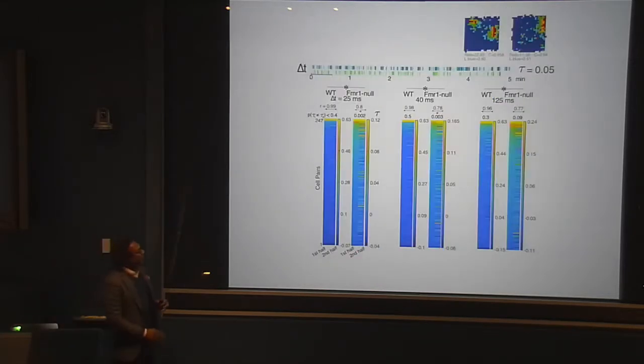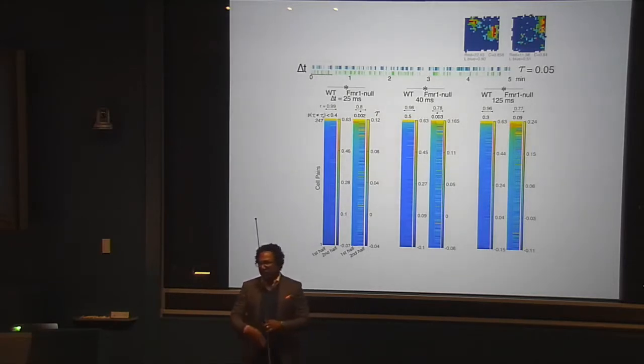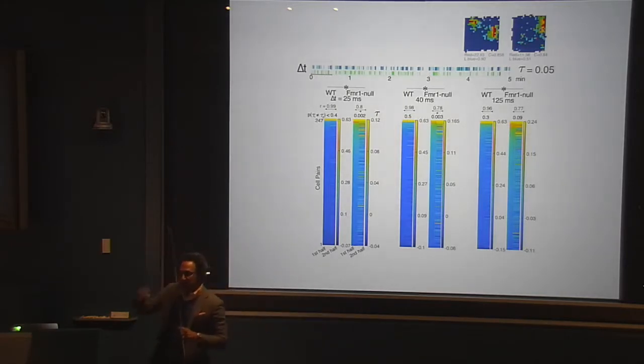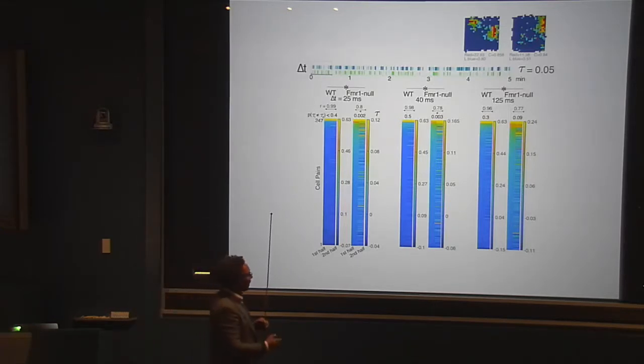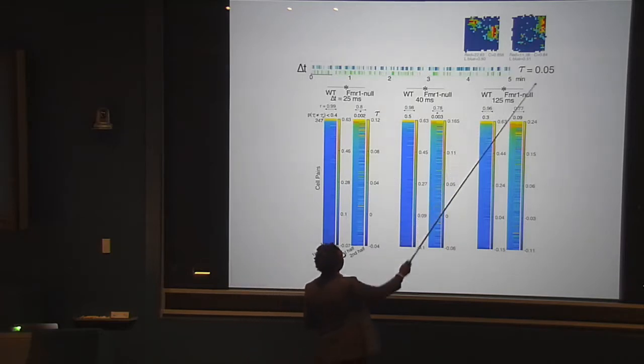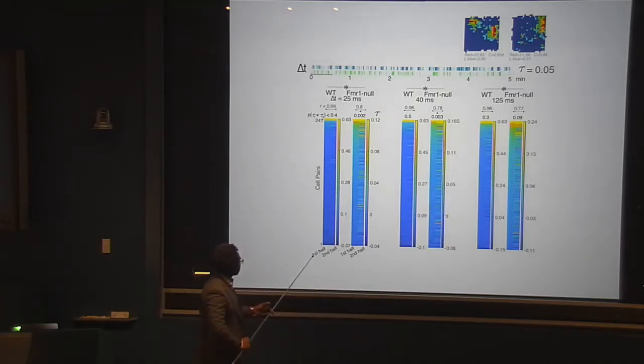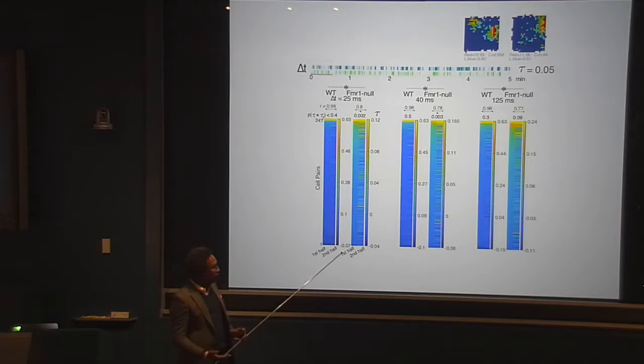If you look at pairs of cells and just say, hey, here are two cells. Imagine you pick two lights of that jumbotron and asked, how similar do those two lights flash or blink together? That's what we're measuring here with this factor tau. And what's shown here is the first and second half of a recording.